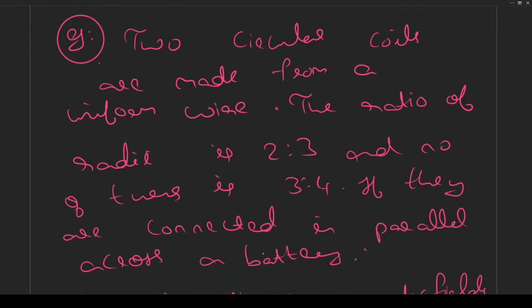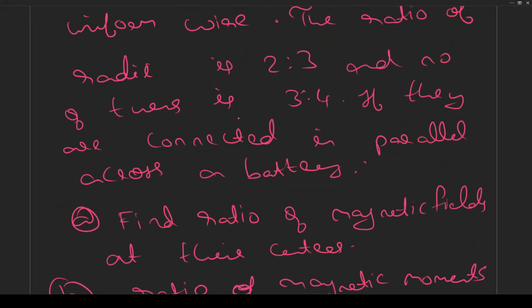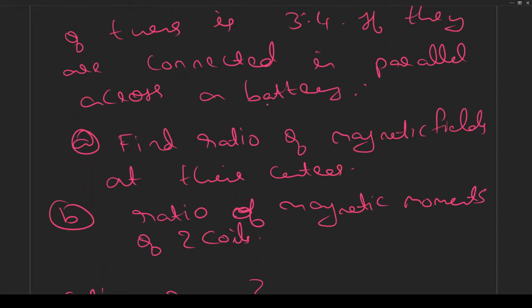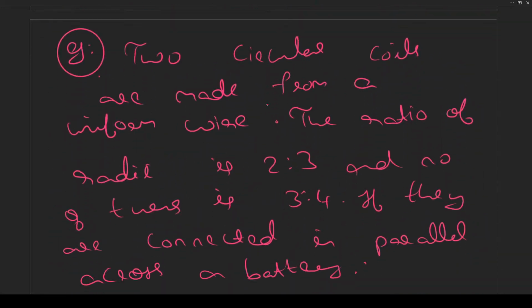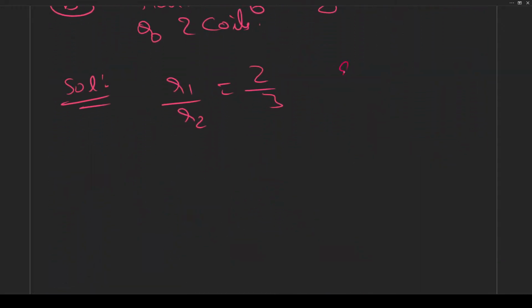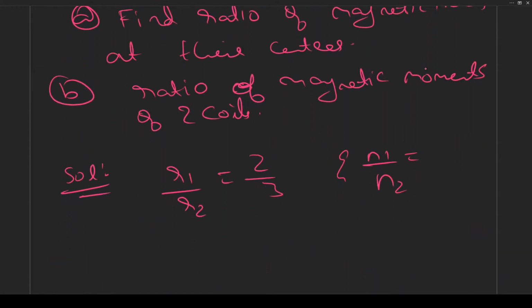Okay, they gave that solution: R1 by R2 is equal to 2 is to 3, and N1 by N2 is equal to 3 by 4.